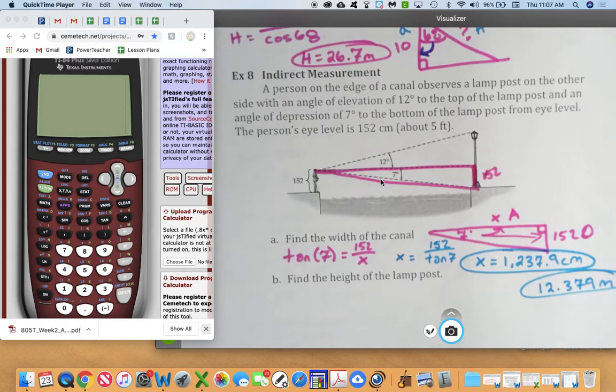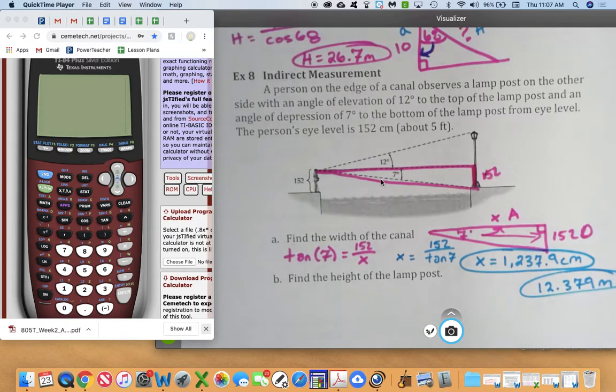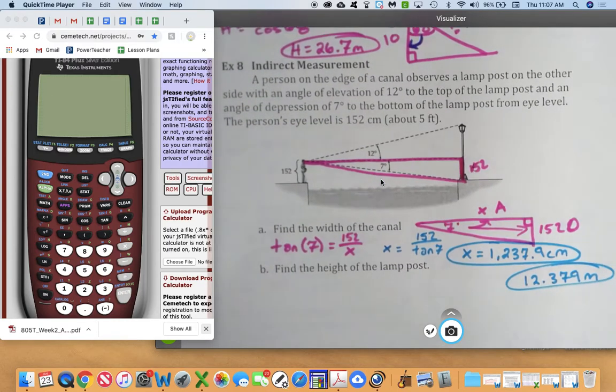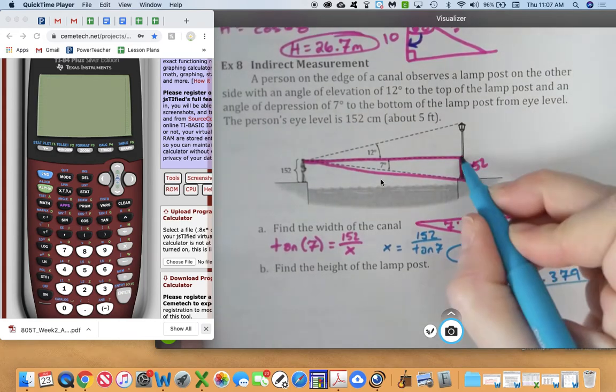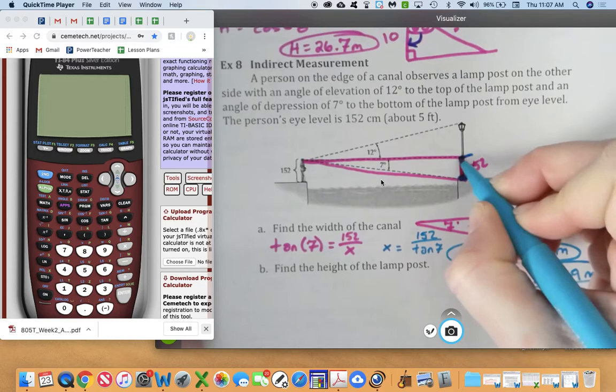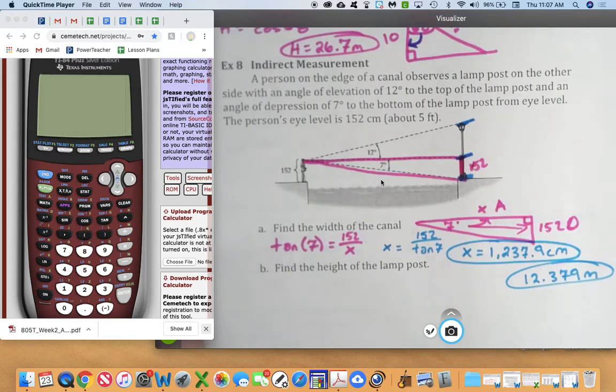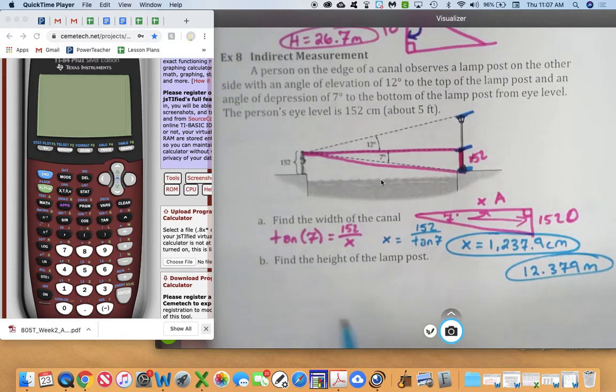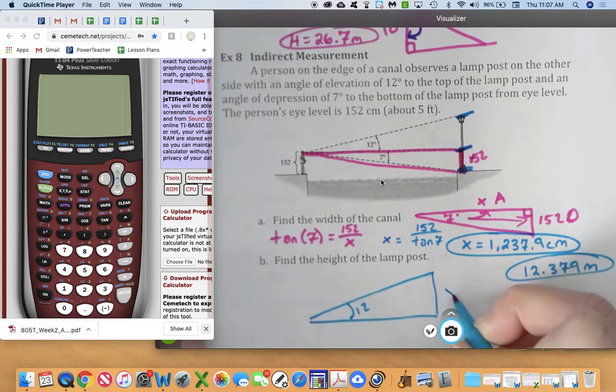Okay. Find the height of the lamp post. We know that from here to here is 152. So basically we need to find from here to here, which means we need to use the top triangle. We have 12 degrees, and we need to know this side.